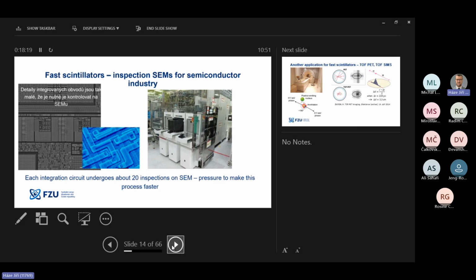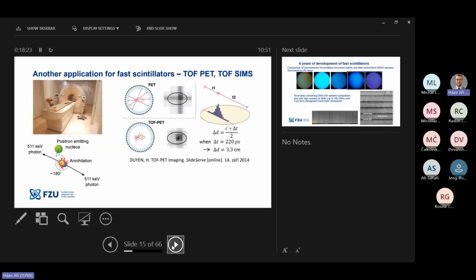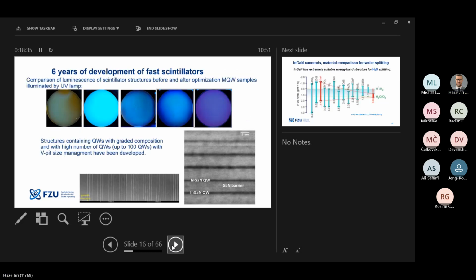For that, nitrides should be fine, but it's not easy to do it. Also for some time of flight and SIMS applications, you have to have a very fast rise time. So it took us quite a lot of time, some years, to develop. Here's how we started, and then we moved to a shorter wavelength, but this is not the main development.